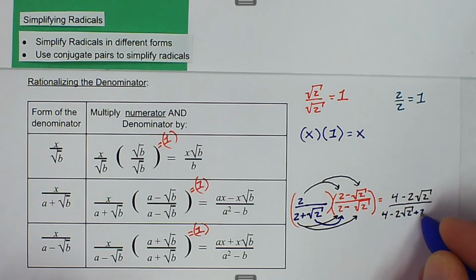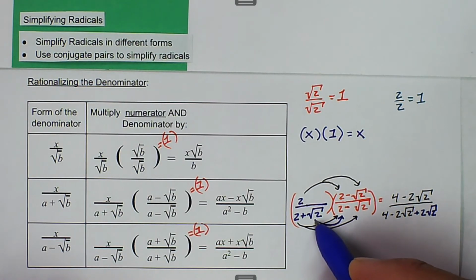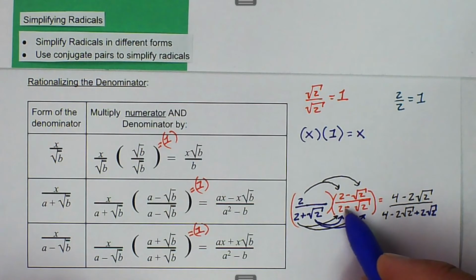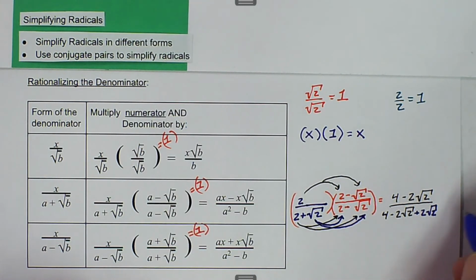That's positive 2 square root 2. And then we have square root of 2 times negative square root 2. That's going to be negative square root of 4. So when we're looking at this, the 4 comes down in the denominator.